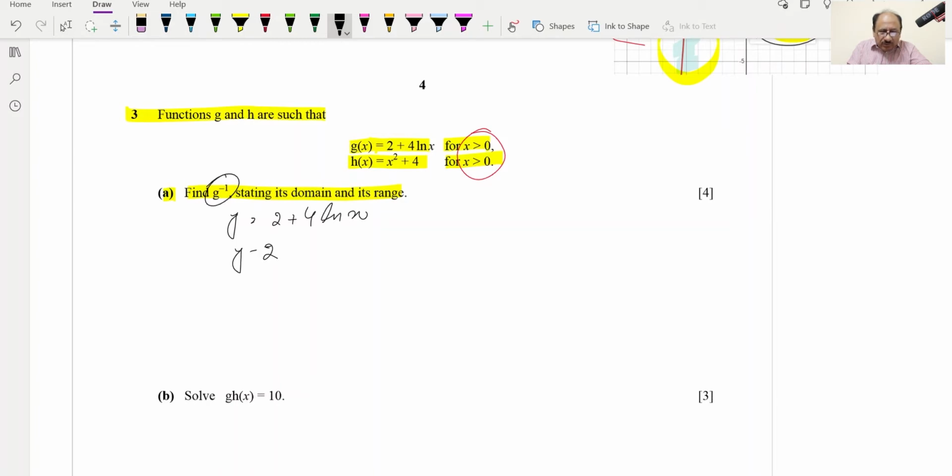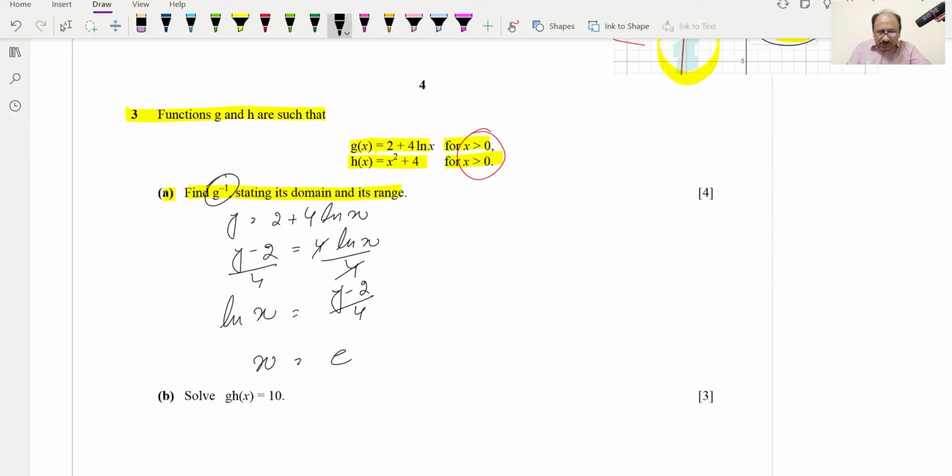So this one is equal to 4 log x, and 4 also we can shift, so divided by 4, this will be gone, so log x is equal to y minus 2 over 4.